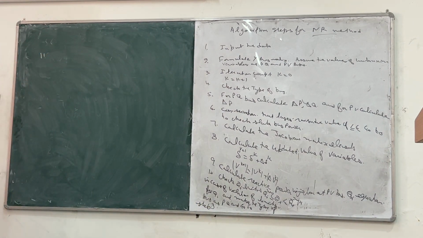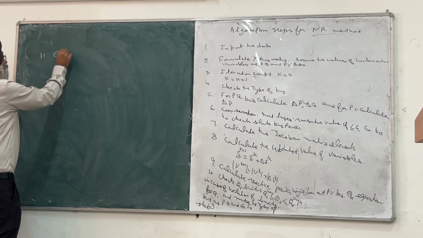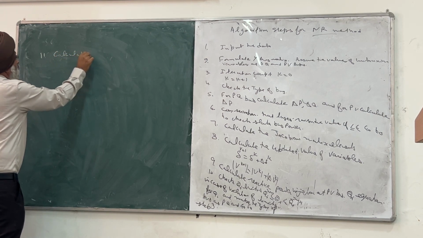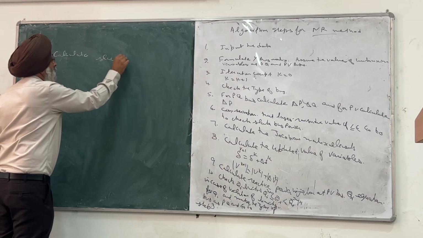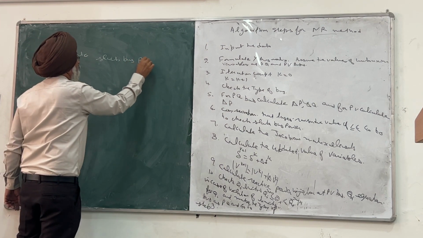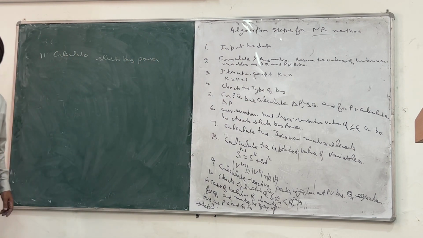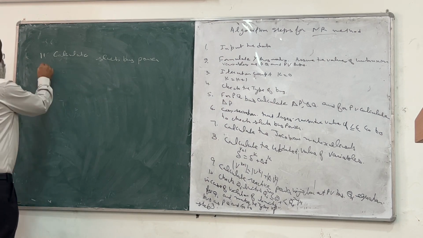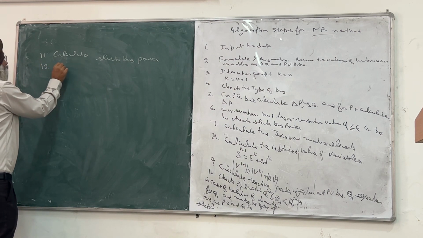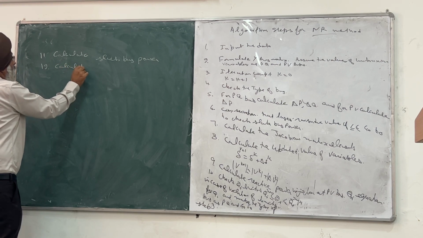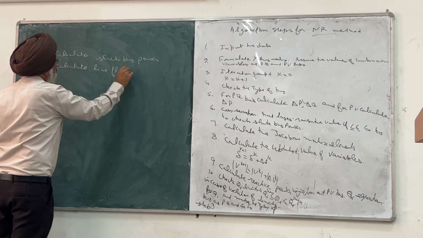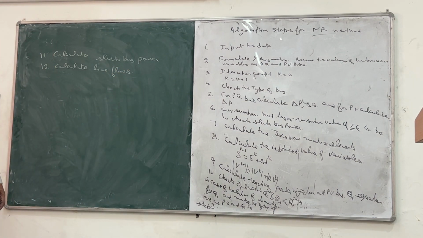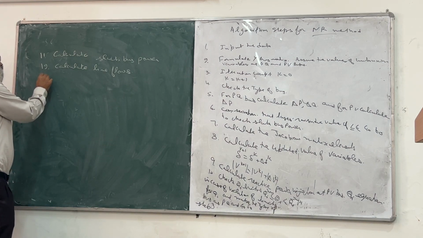Step number 11 is calculate slack bus power. And then calculate line flows and then stop.